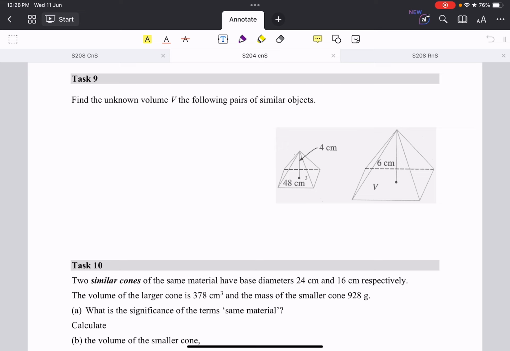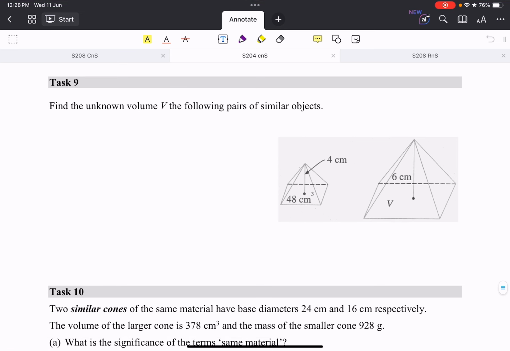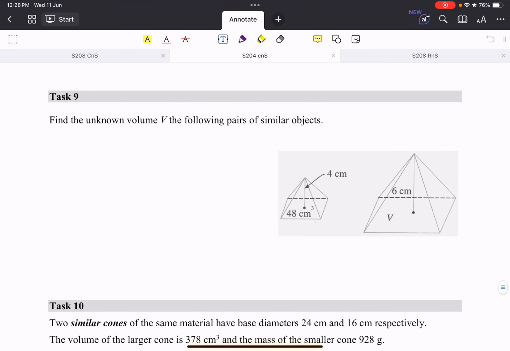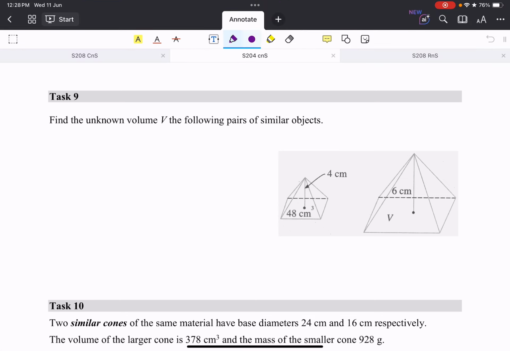In task 9, we have a pair of pyramids, and we are told that they are similar. So we want to find the unknown volume. Based on the property of similar objects, volume 1 over volume 2 of the second object is the ratio of the heights, height of the first object over height of the second object, cubed.